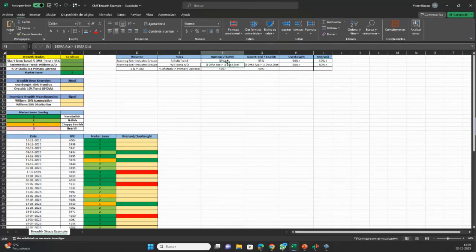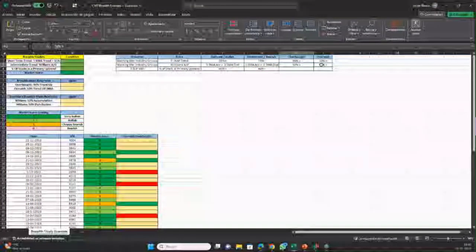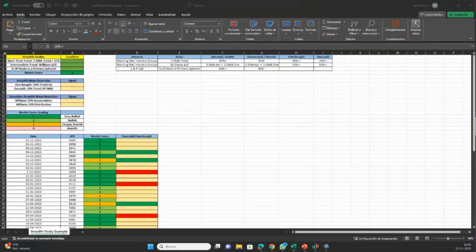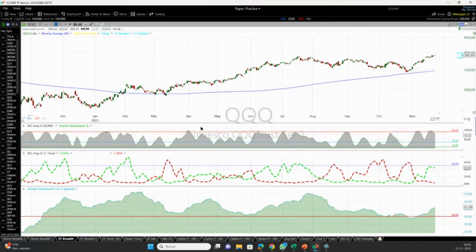For the Williams AD, when the 3-day moving average of accumulation is above the 3-day moving average of distribution, that's positive. When it's the other way, it's negative. And this indicator can also give you a backup overbought or oversold signal when we pass 50%.